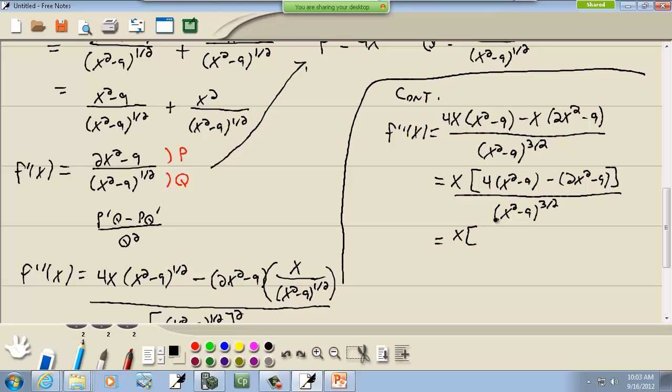Now, 4 times x squared is 4x squared. 4 times negative 9 is negative 36. This negative out in front flips the sign of both of those, so it becomes negative 2x squared plus 9 over this denominator.